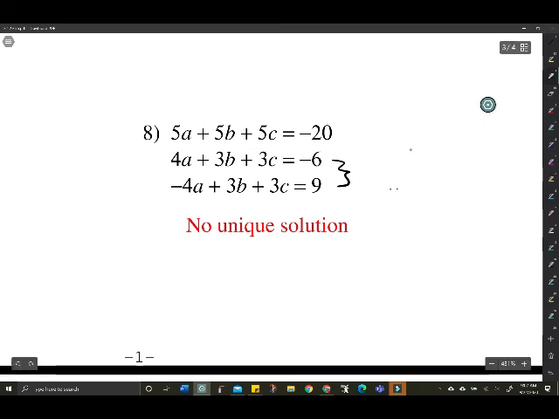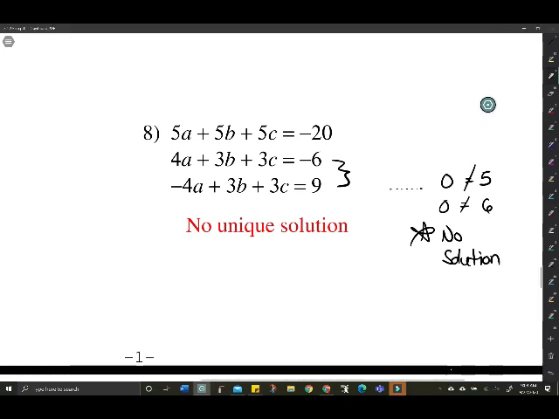What we're going to end up with is a solution such that 0 equals 5, or 0 equals 6, or something does not equal the other side. Just like before, that just means you have no solution. On the flip side, if you get 0 equals 0, that means there are infinite solutions. So be aware of those.